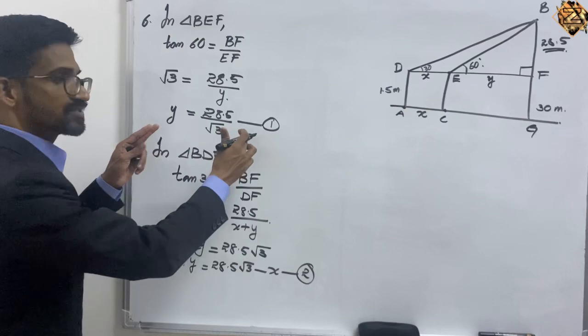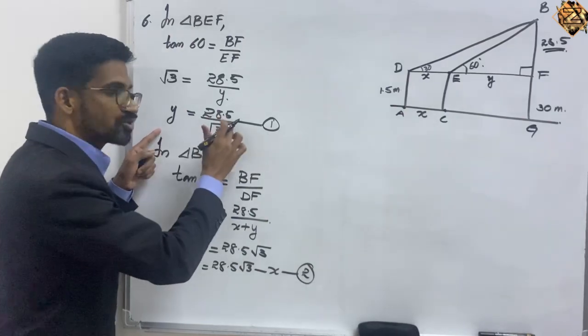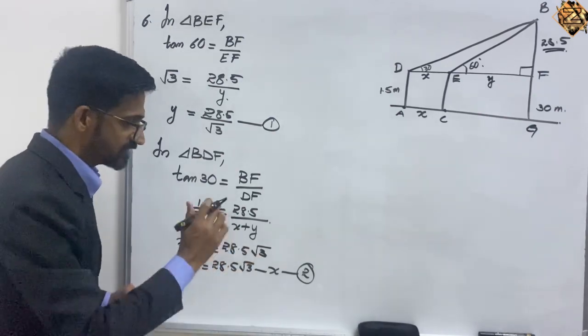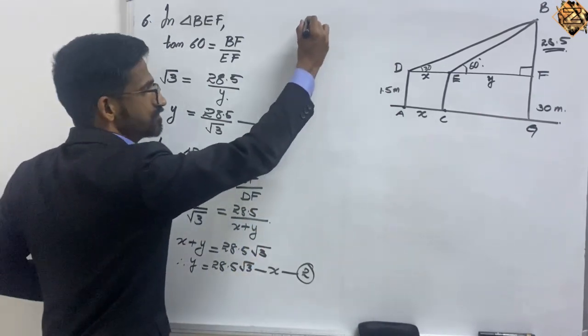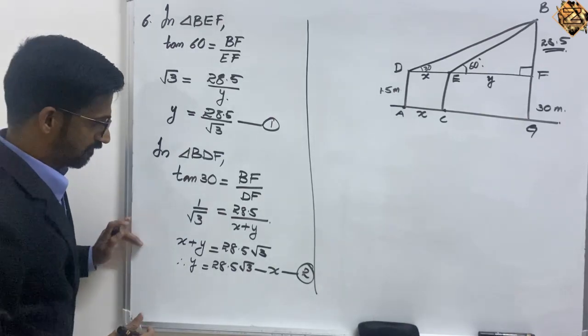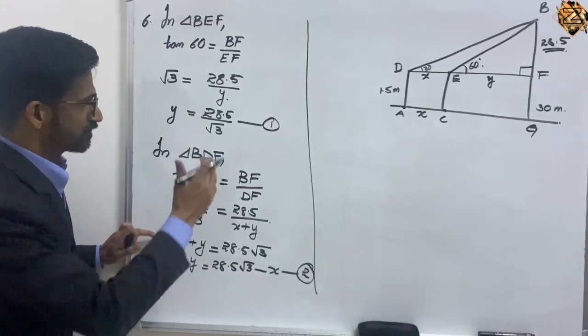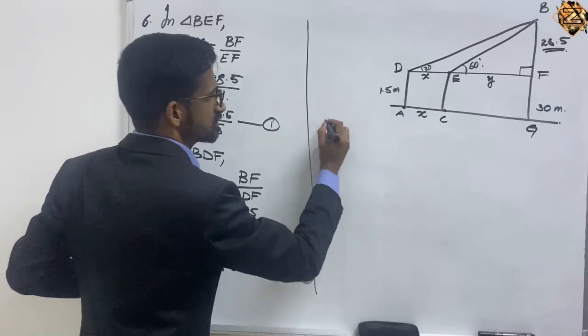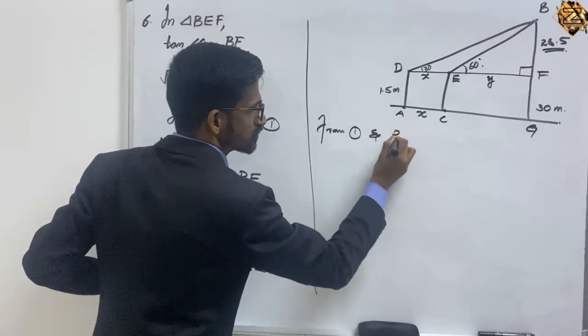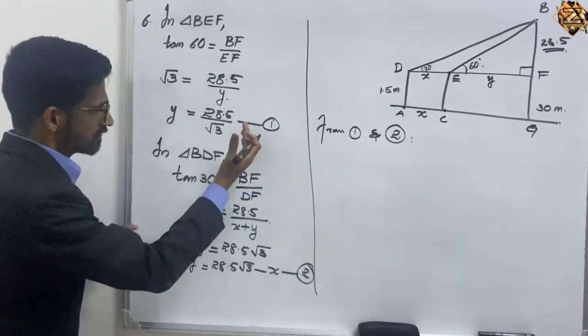So now we got two equations. Equation 1, Y equal to 28.5 by root 3, and Y equal to 28.5 root 3 minus X. Now finally, to get the value of X, we have to equate both the equations. From equation 1 and equation 2, we can equate the RHS.